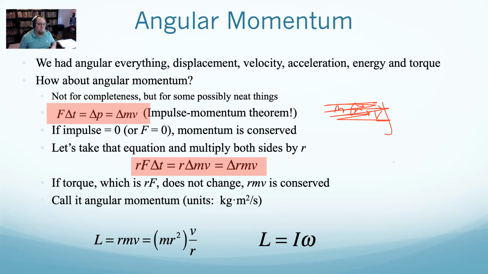Well, linear momentum, which has the symbol P, is mv and is a vector. We'll say angular momentum is I omega. Instead of momentum is inertia times velocity, we're going to say angular momentum is rotational inertia times rotational velocity.